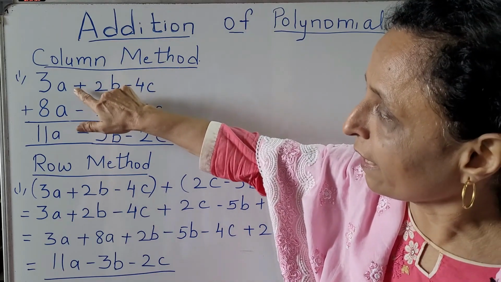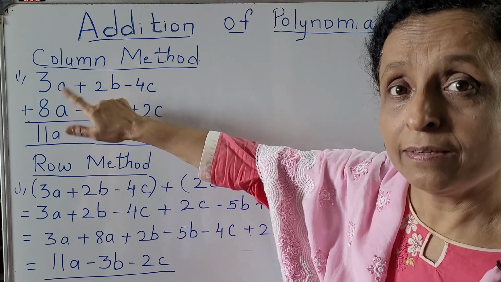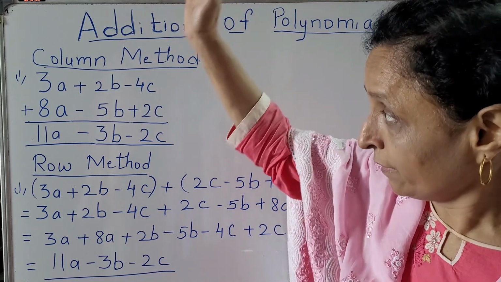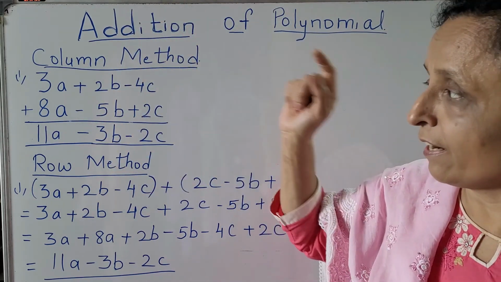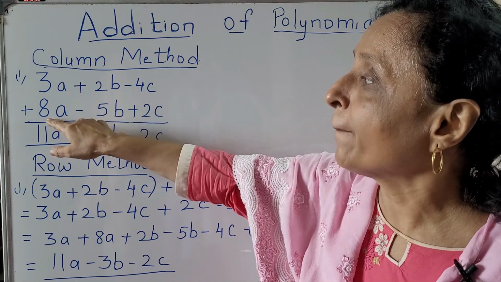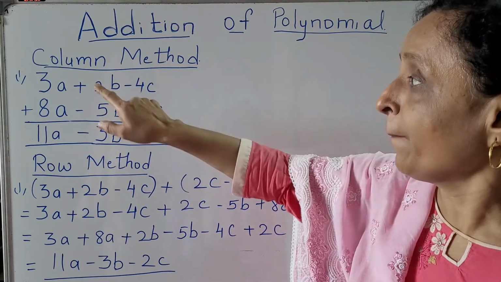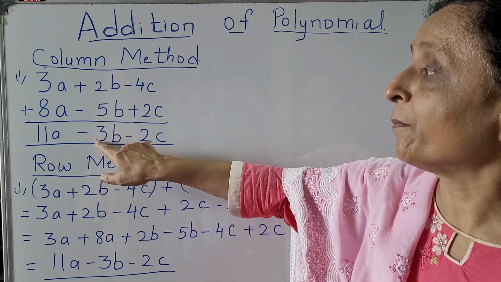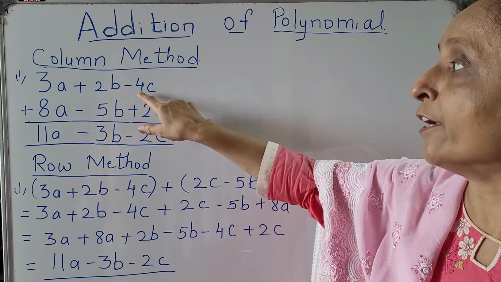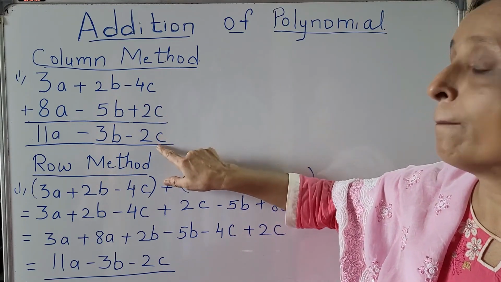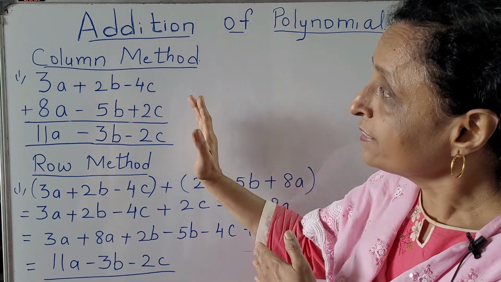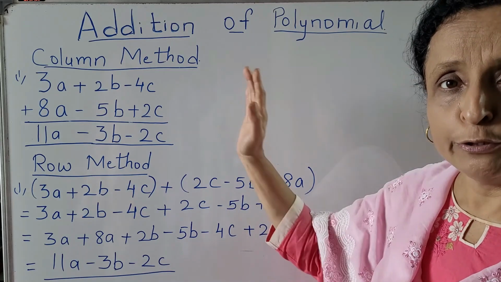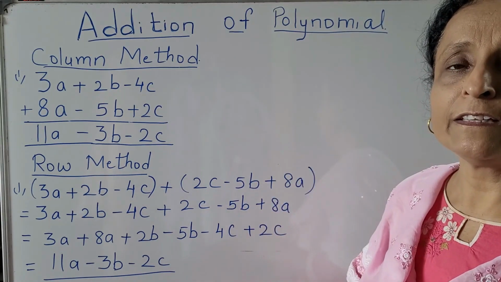See that a is above a, b is in a straight line, and c is in a straight line. So 3a plus 8a is 11a, 2b minus 5b is minus 3b, minus 4c plus 2c is minus 2c. It is an easier method, and you don't make mistakes in the column method.